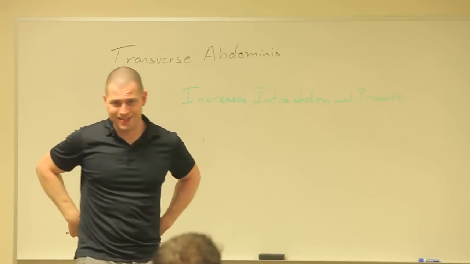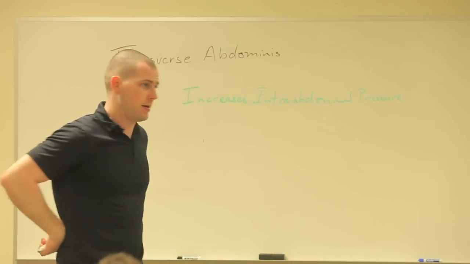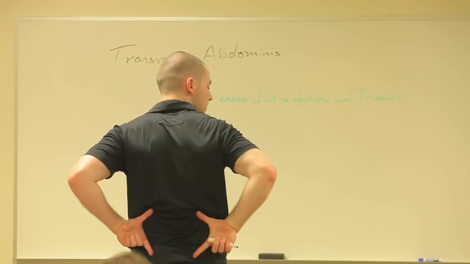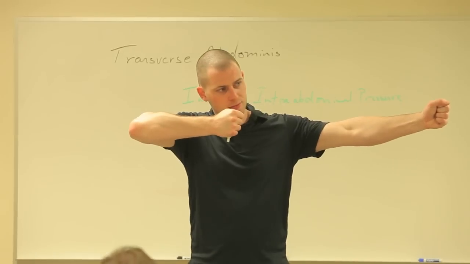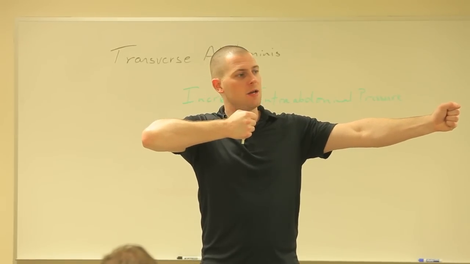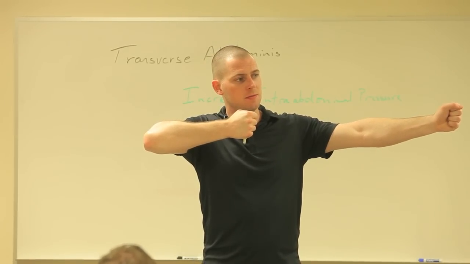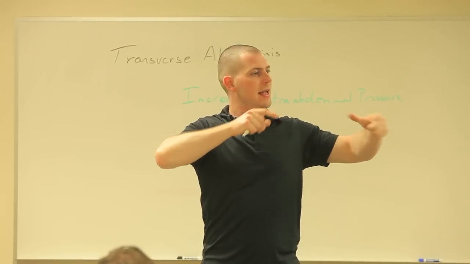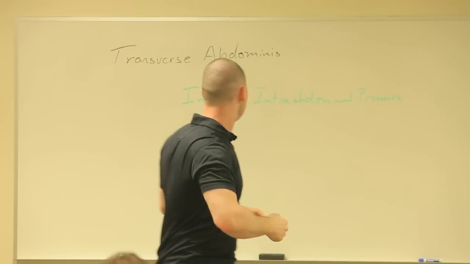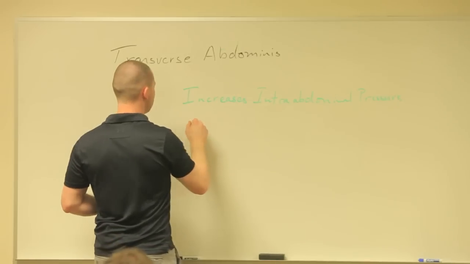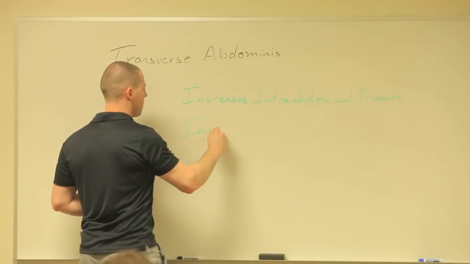It also tightens this piece of fascia back here. Right? This thoracolumbar fascia, it pulls it like this, really tight. Is that going to help stabilize my lumbar spine a little bit too? Yeah, it's like having guy wires on each side just getting pulled really, really tight. So it'll increase stiffness in the thoracolumbar fascia.